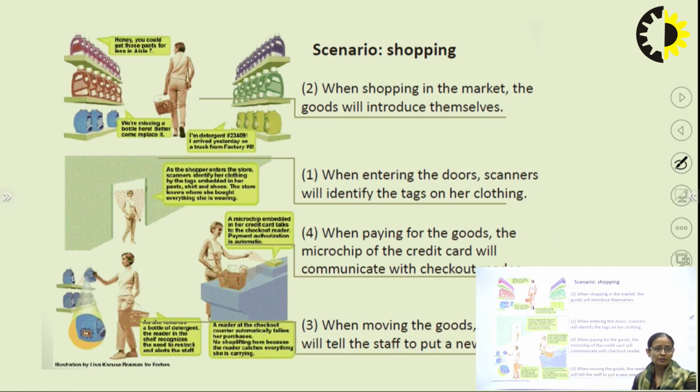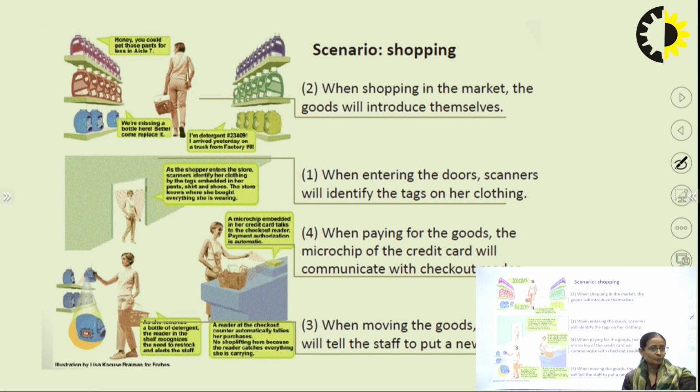In shopping, this figure is simply showing the scenario in a shopping mall. If you look at the figure, when you enter the shopping mall, the doors automatically open. They are scanning. Similarly, if you are taking items, you might have sensors which can scan if some tag is still on the clothing.